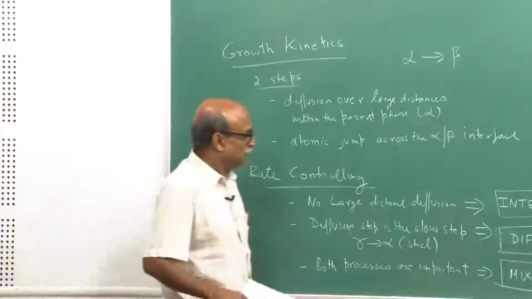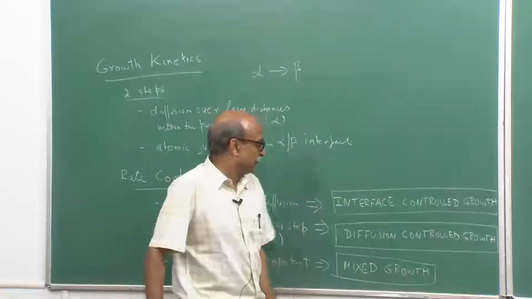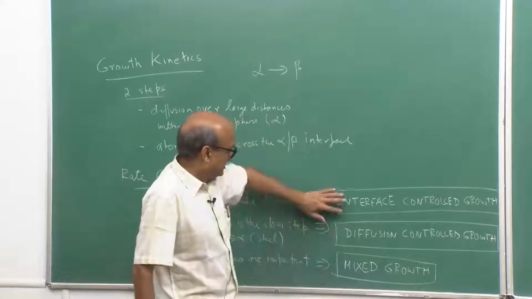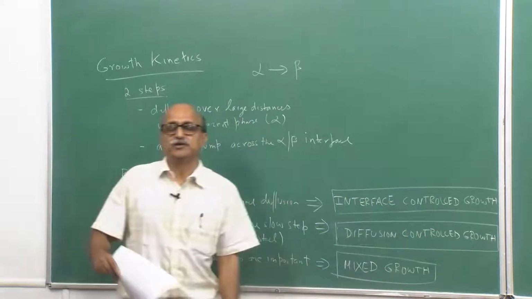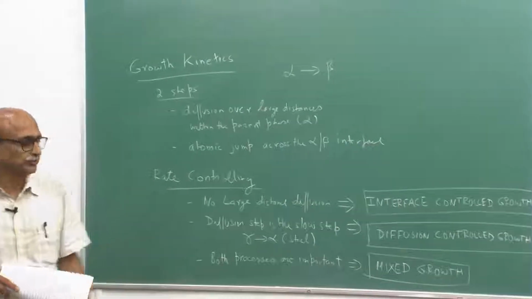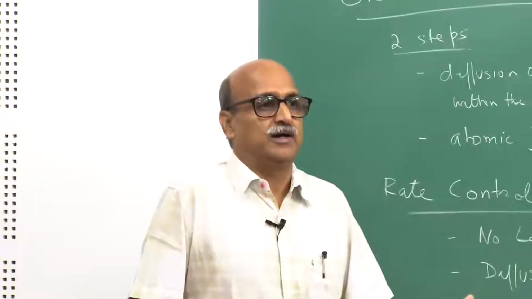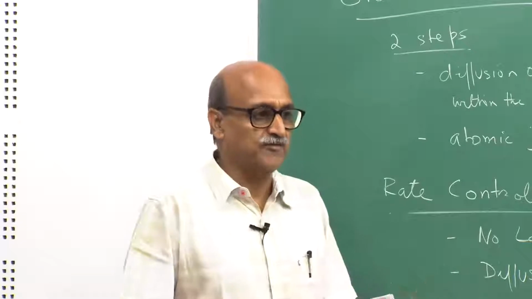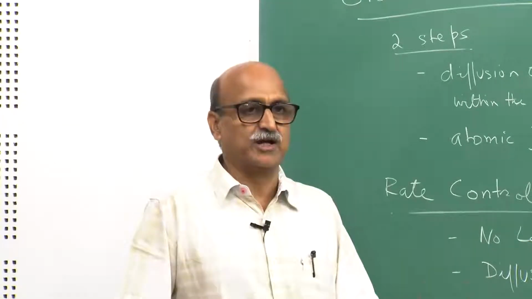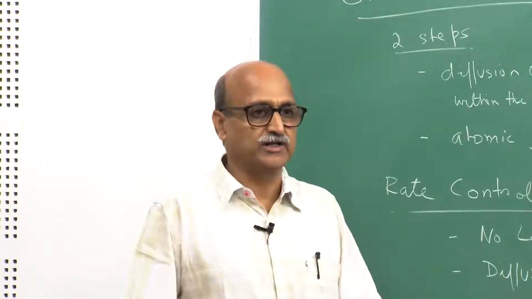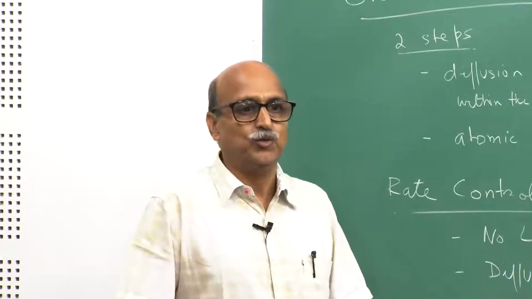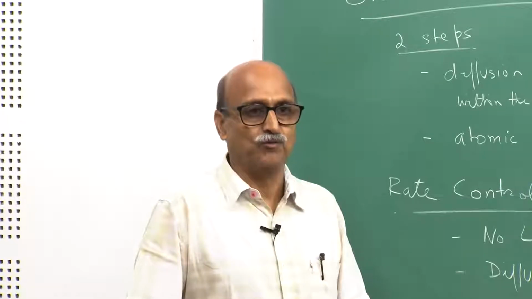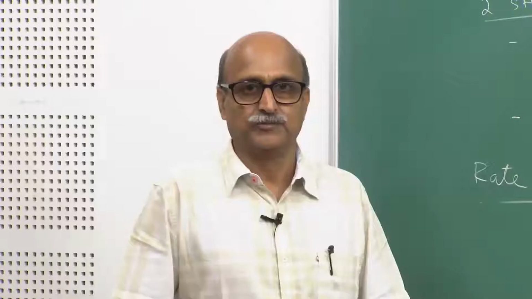So, in the next lecture I will review individually the interface controlled growth and diffusion controlled growth, look at how the two kinetics are different, and then we will combine the nucleation kinetics and the growth kinetics together to obtain the kinetics of overall phase transformation. So, I will stop here.